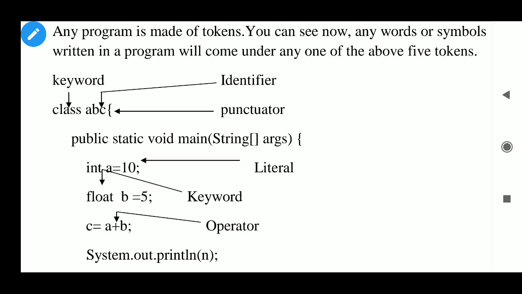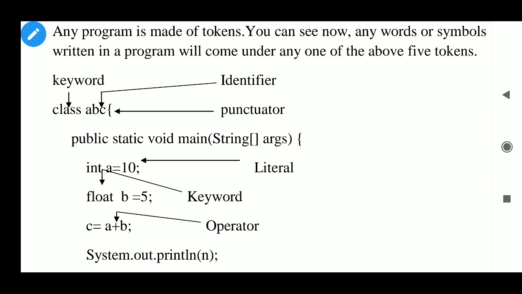Okay. Int, String is a class. Int a is equal to 10. Here 10 is a literal. Okay, a is a variable, int is a type, that is a keyword, float is a keyword, b is an identifier, is equal to is an operator, 5 is a literal.